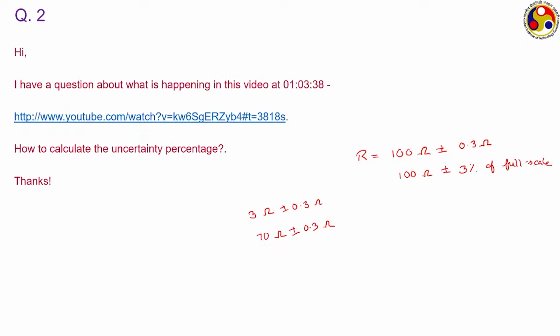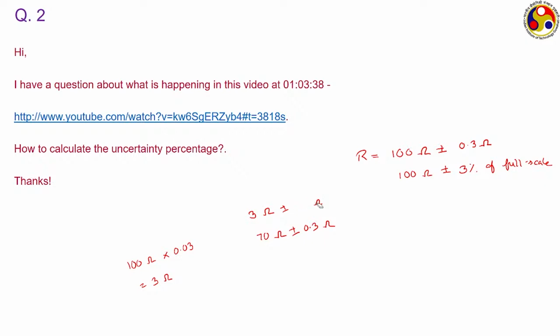That refers to the fact that whatever measurement you take will have plus minus 3% error of the full scale. Now full scale is 100 ohm, and 3% of that is 3 ohm. So whatever you measure, there is a possibility of having 3 ohm of error.